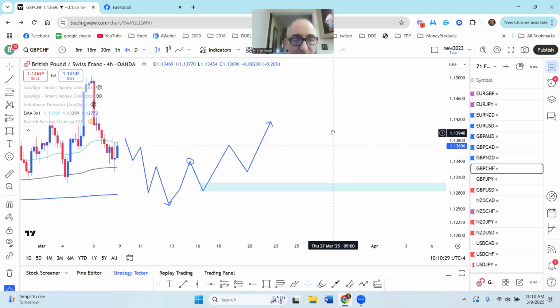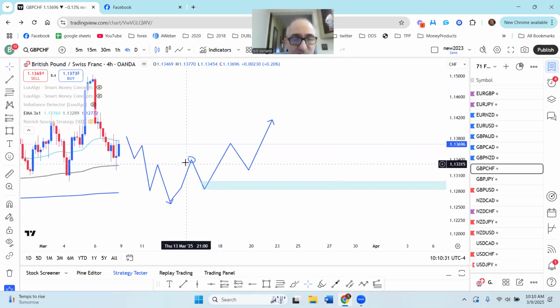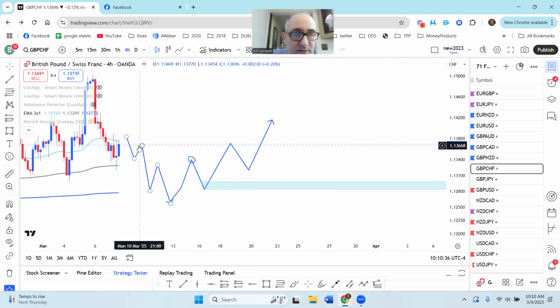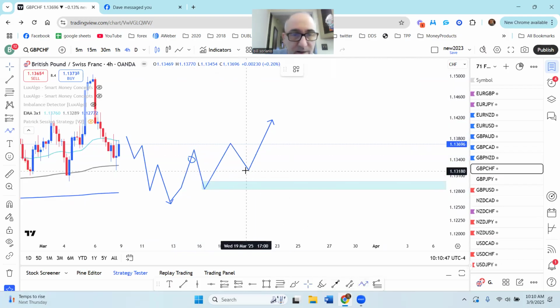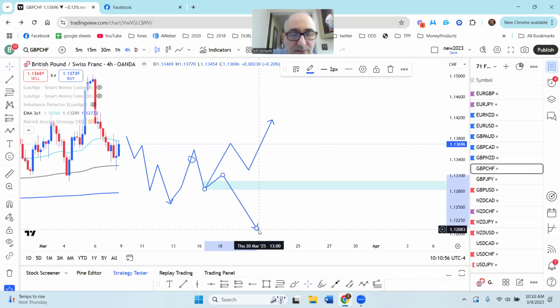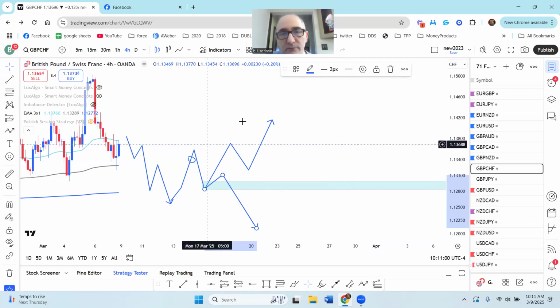Because a lot of times what happens is when you get this initial change of character, it's pretty close to this supply zone right here. So a lot of times price just moves up into that supply zone, right? And then it may move down like this, and then it might pull back and then just continue lower, right? And now you have a new supply zone right here to trade from. So that's kind of what you're looking for.